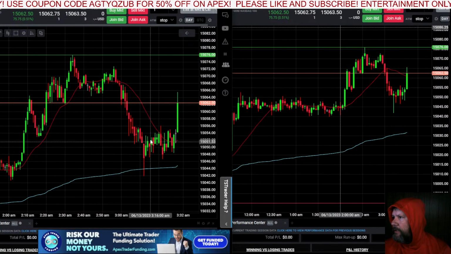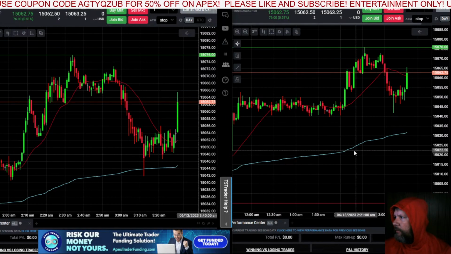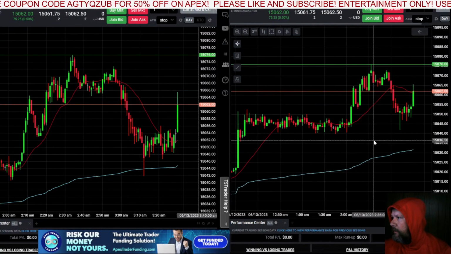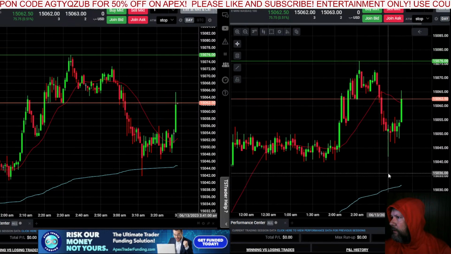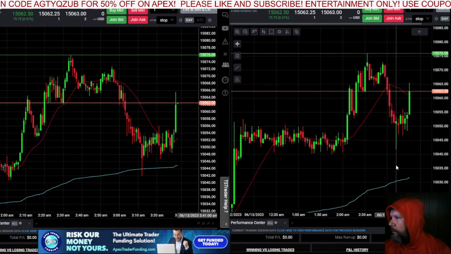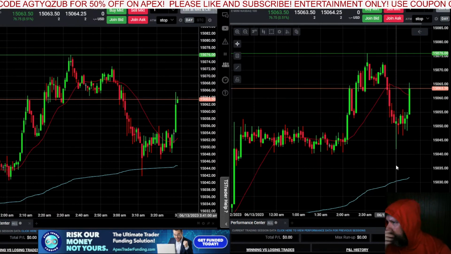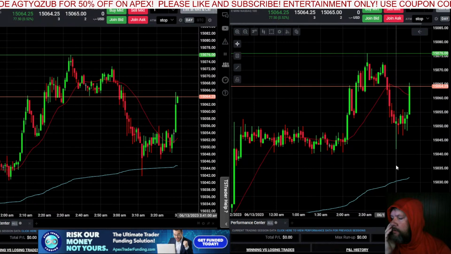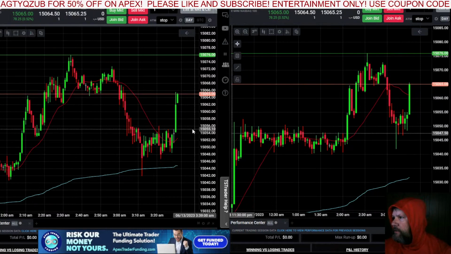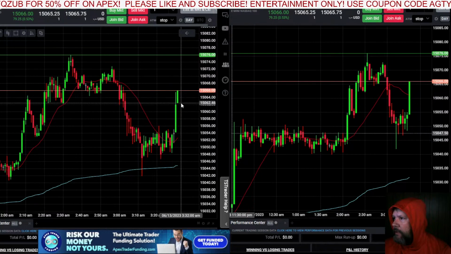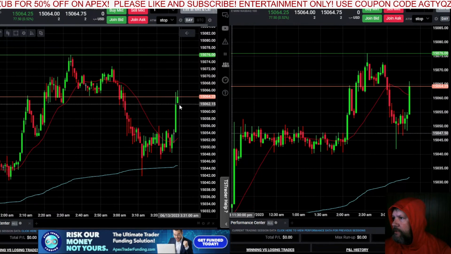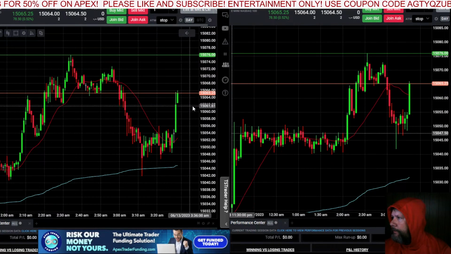So I don't think I'm going to take this entry on the Top Step account. We will take it on the Apex if it gives us the opportunity. What we want to see happen is we want to see this gap stay open between these two candles. I would imagine this is going to trade back into it some because of this imbalance here.